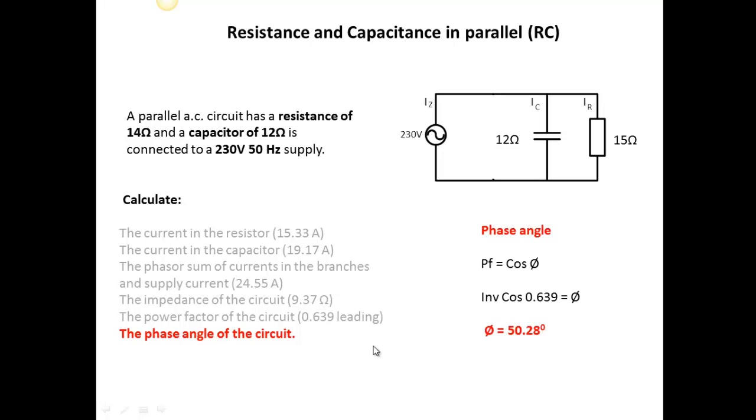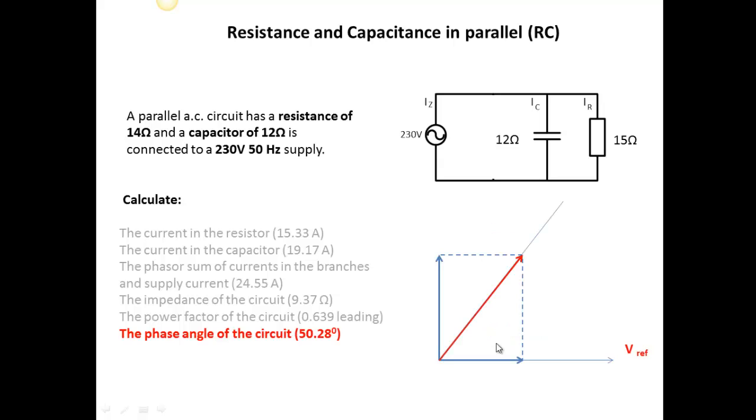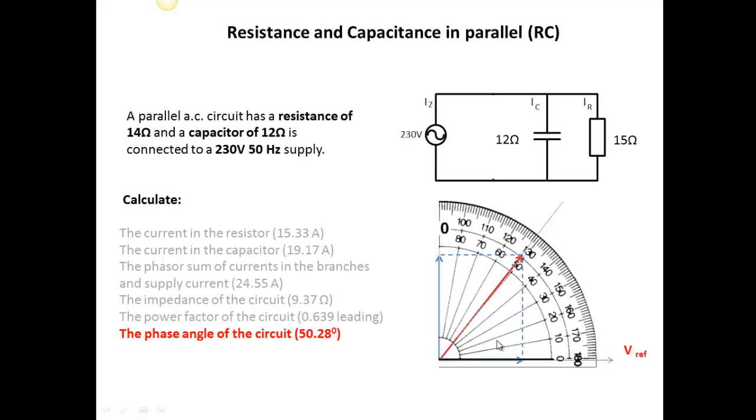We can find the angle by doing the inverse cosine like before, and that gives me 50.28 degrees. And I can use a protractor, and just over 51 actually graphically. So again, this calculation is the most accurate, but the graphical representation should be fairly close to that.